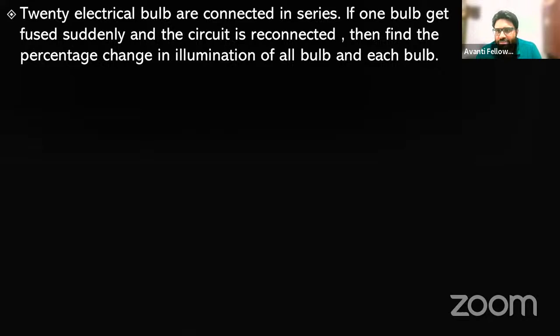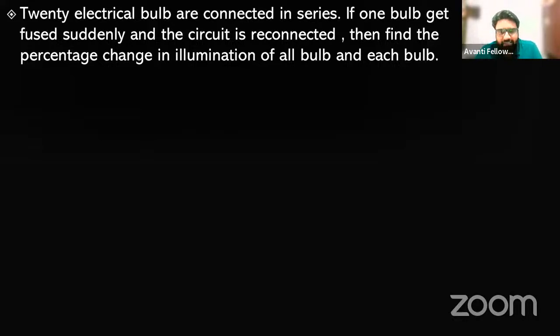So this is the question I want you all to have a look at, and not only look, try to solve it. I am giving you 1 minute. There are 20 electric bulbs connected in series. If one bulb gets fused suddenly and the circuit is reconnected, find the percentage change in illumination of all bulbs and of each.